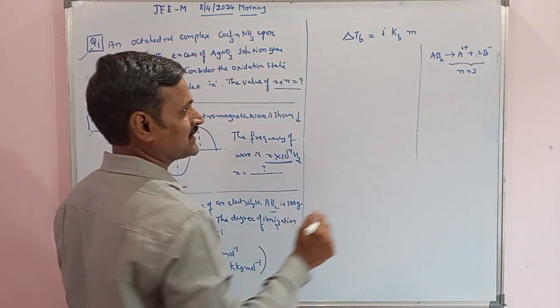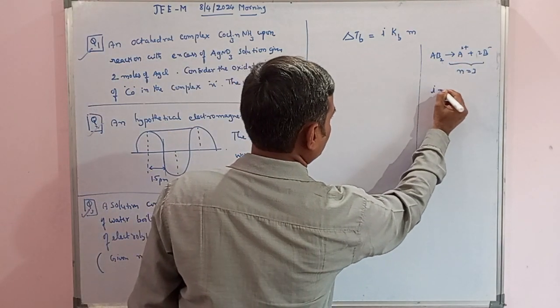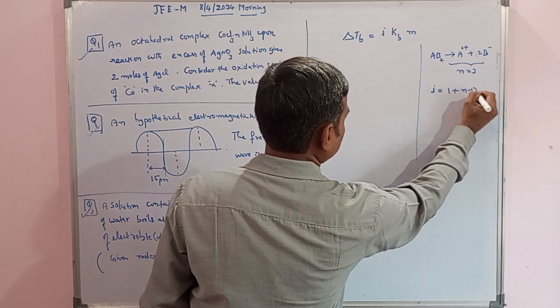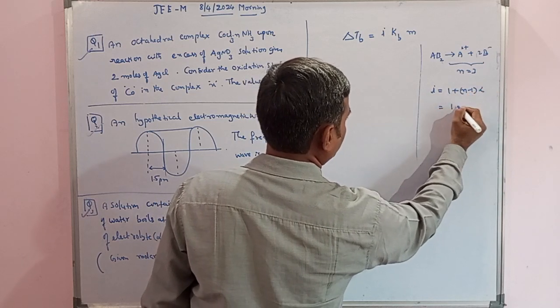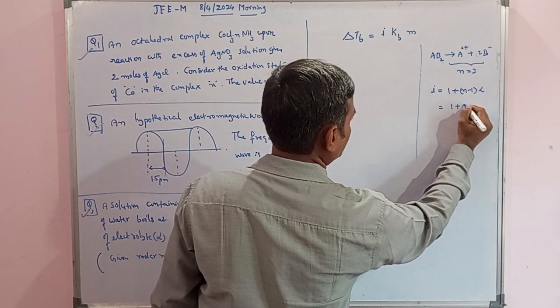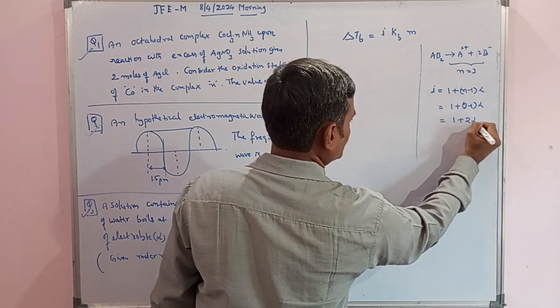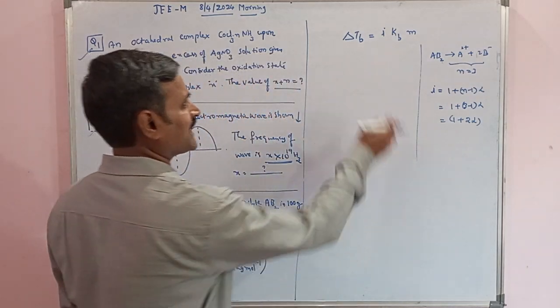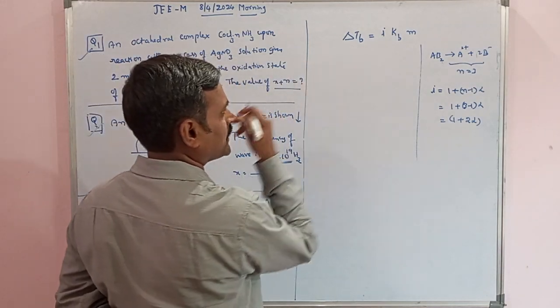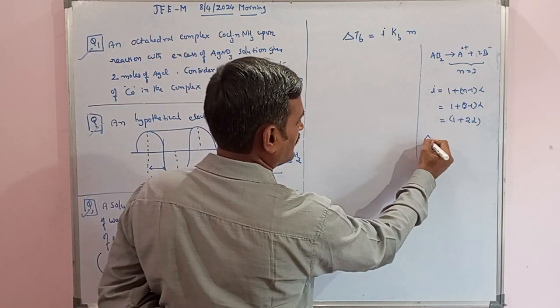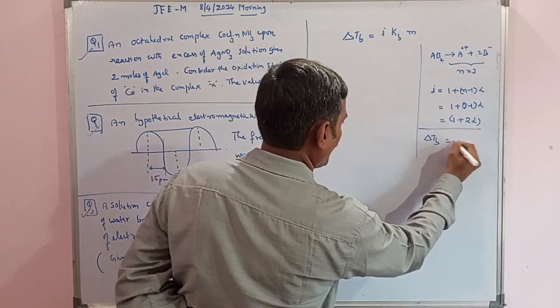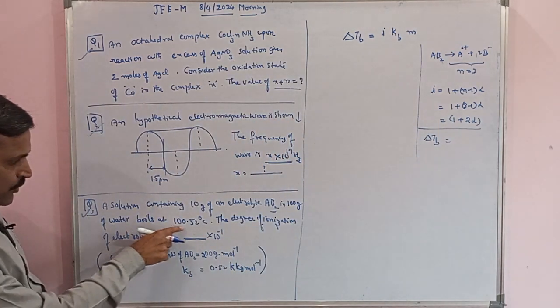Now, i equals 1 plus n minus 1 into alpha, that will become 1 plus 3 minus 1 into alpha, so 1 plus 2 alpha. Now you can substitute 1 plus 2 alpha in place of i. And delta TB, which is already given in the problem, is 100.52.